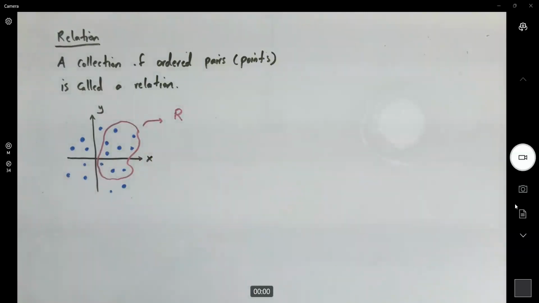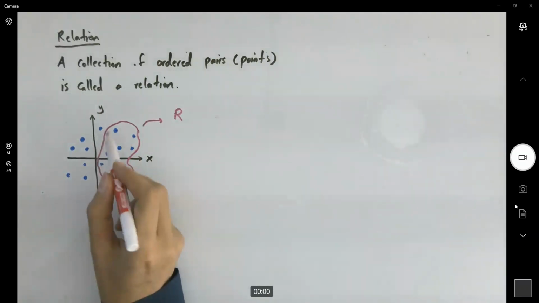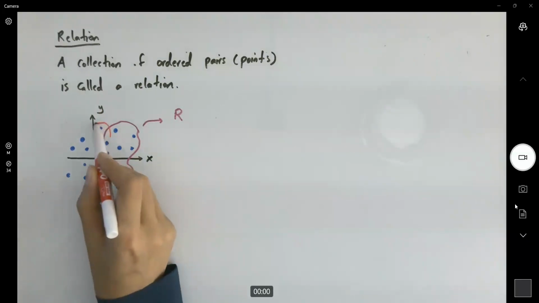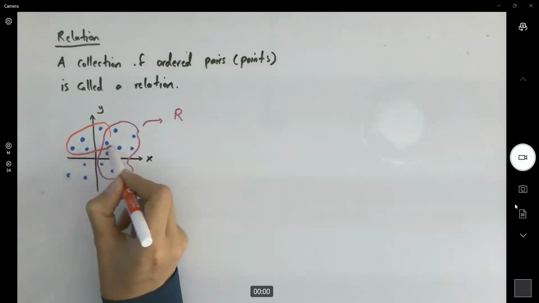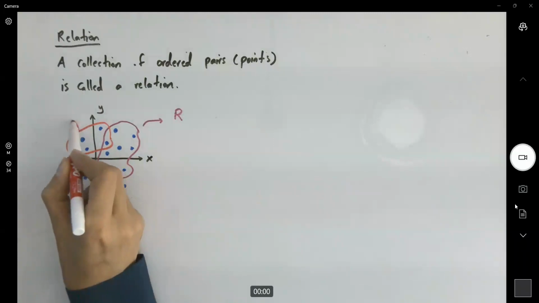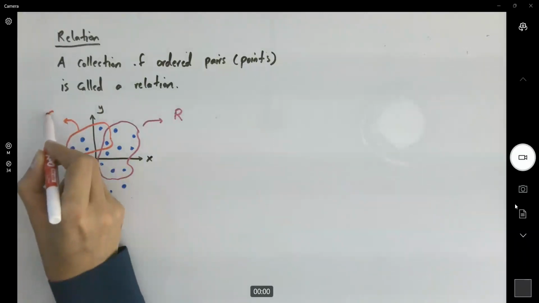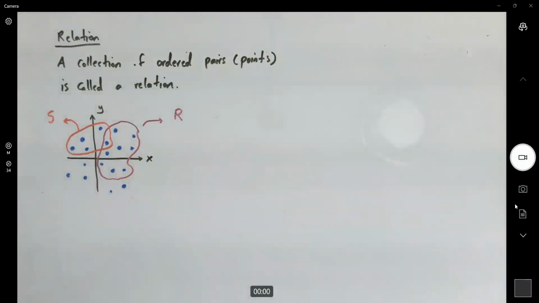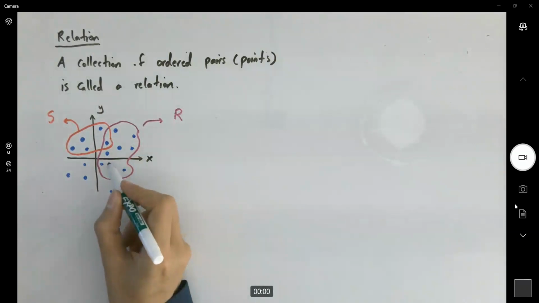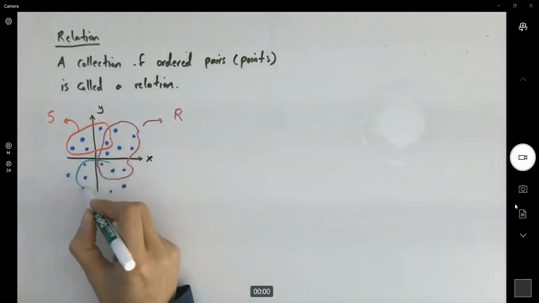You might be interested in defining a new relation. Of course, why not? You can take, for example, these points here. They might have overlap. That's absolutely fine with us. You might define a new relation like S. You might be interested in defining another relation like these points here.